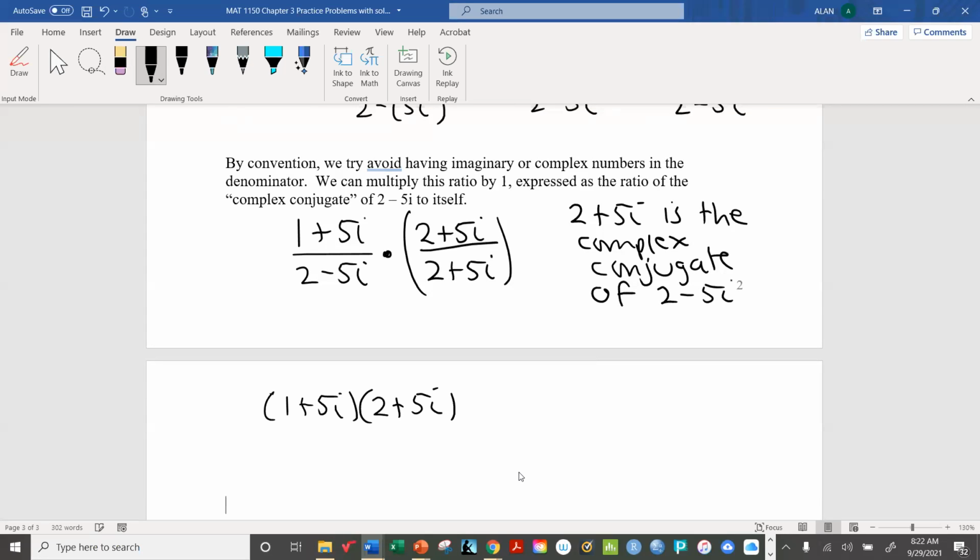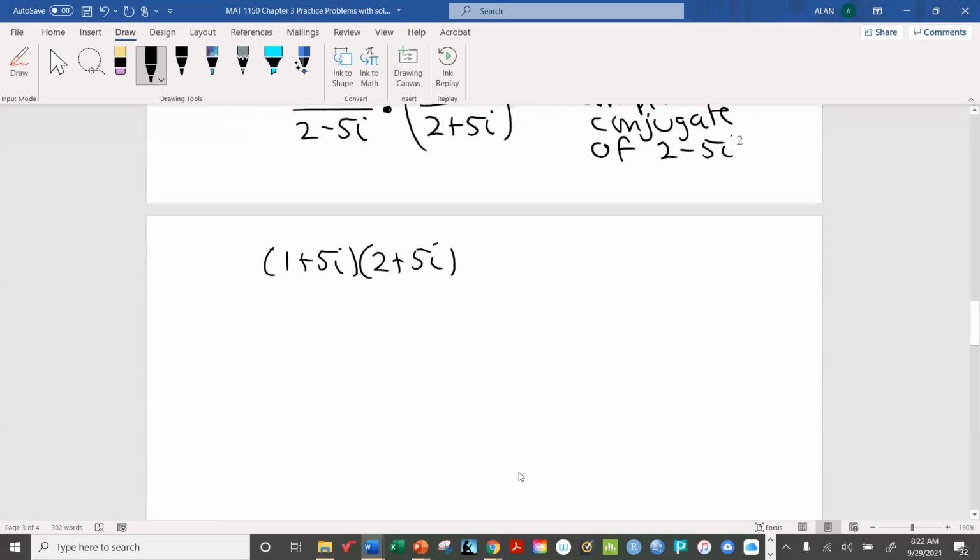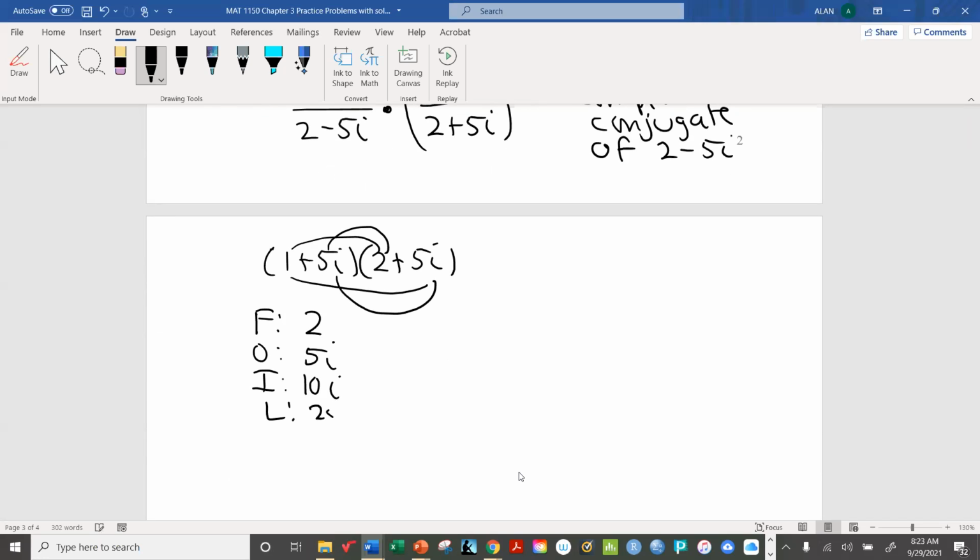To this expression, F, O, I, last. All right, but as usual, we will reduce i squared to -1.